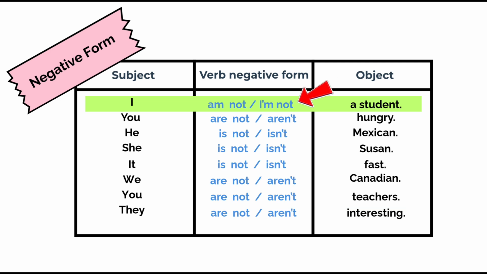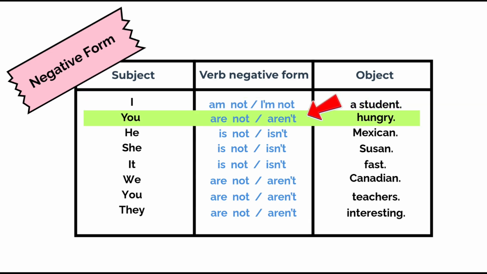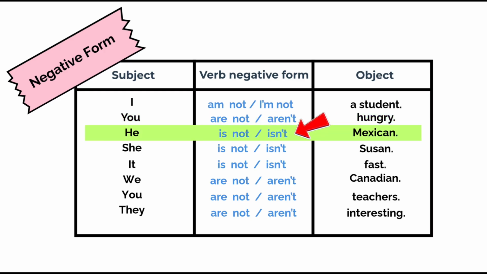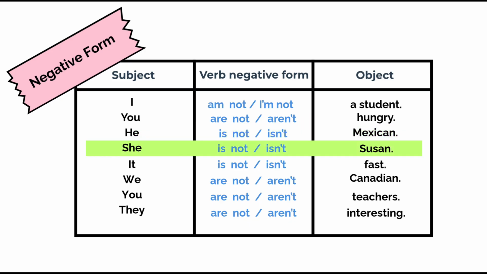I am not a student. I'm not a student. You are not hungry. You aren't hungry. He is not Mexican. He isn't Mexican. She is not Susan. She isn't Susan.